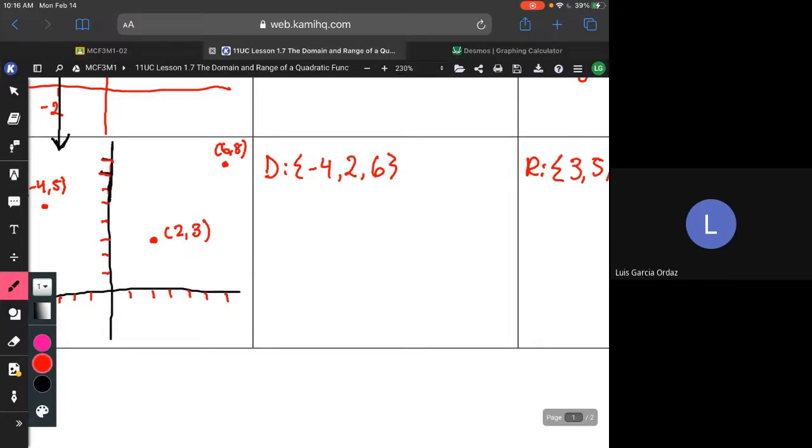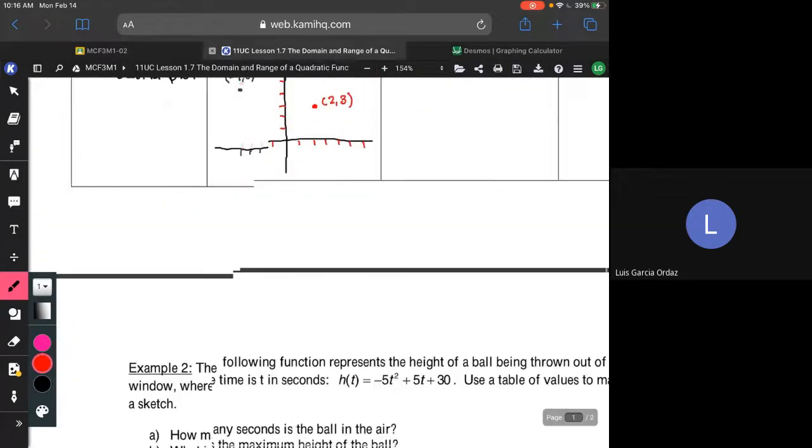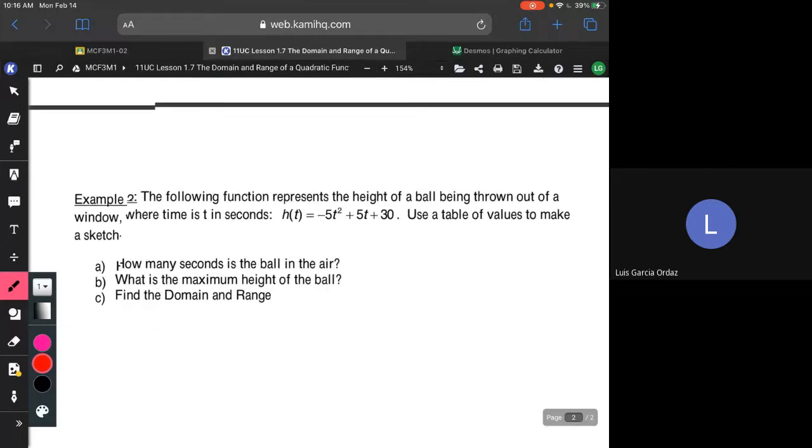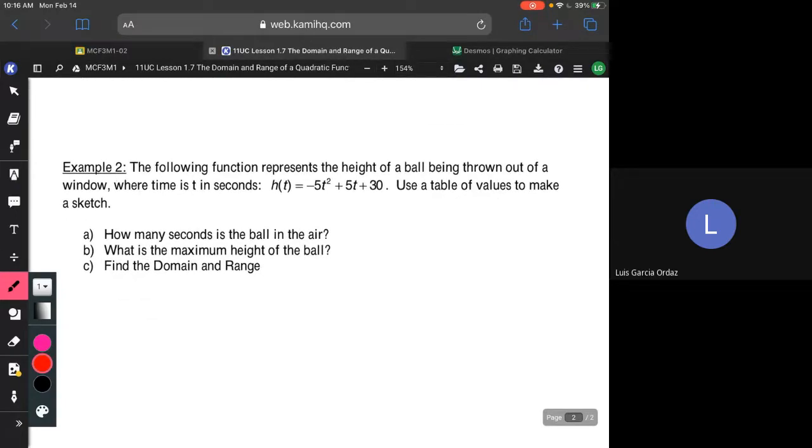Okay. And then we're going to go to the dreaded word problems that everyone dislikes in math, because some of us don't like to read. I'm one of those people. I skim through the question and I miss some points. So we have our word problem. Again, we are going to create a table of values with this one, but I need to figure out how this graph actually looks.